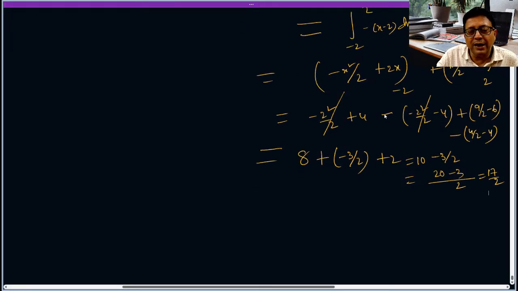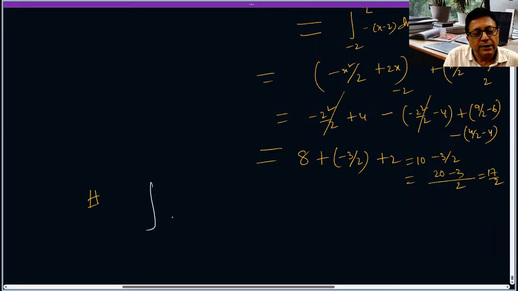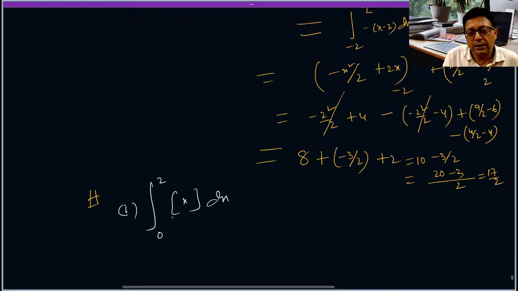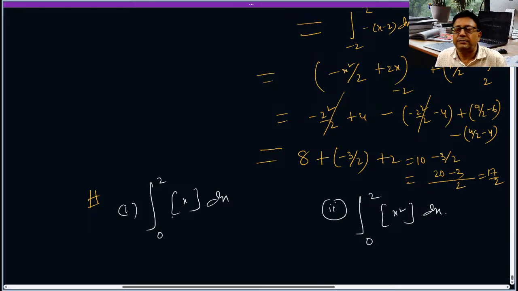In this context, I'll tell you the value. What is the value of this integral? Say, integrating 0 to 2 modulo x dx, number 1, and say 0 to 2 only, modulo x squared dx.